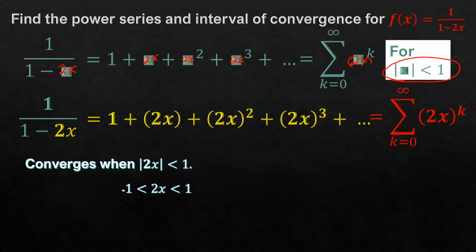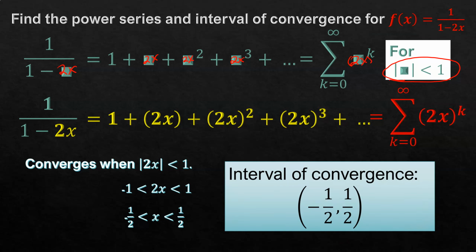Solving that inequality, we will see that the radius of convergence is 1/2, right? Or we would say that the interval of convergence is from -1/2 to +1/2. All right, that is just a substitution of 2x in for wherever the blank is.